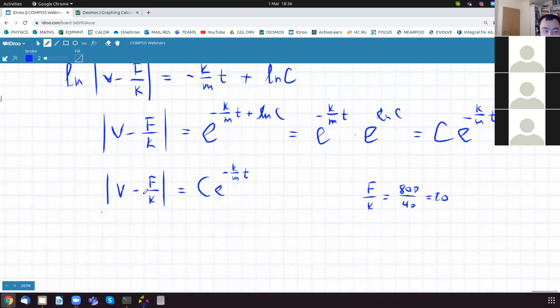The speed of the boat can never exceed the terminal velocity, so this value is going to be negative. And the modulus of a negative value is the opposite of that value. So because v minus f over k is less than 0, we can write down minus v plus f over k equals c e to the power minus k over m t.